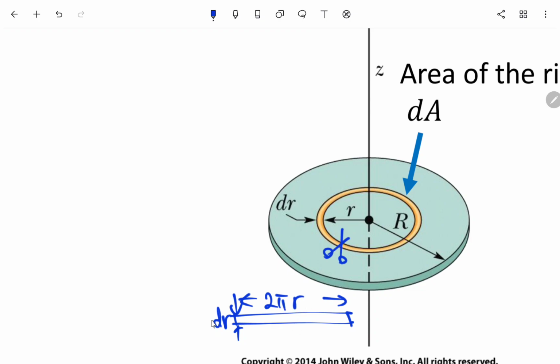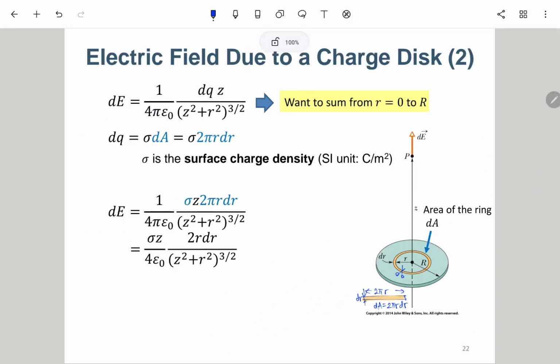The area dA will be the height multiplied by the width, so dA will be 2 pi r dr.